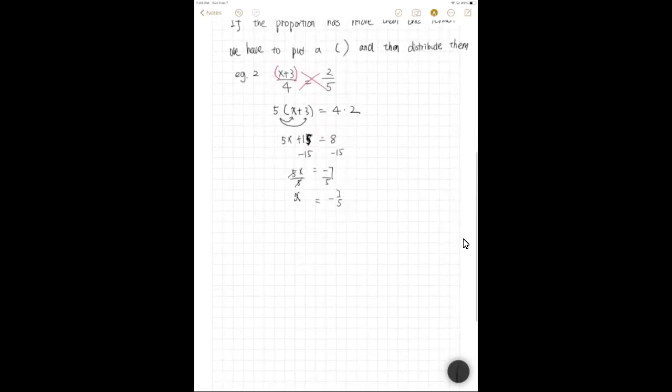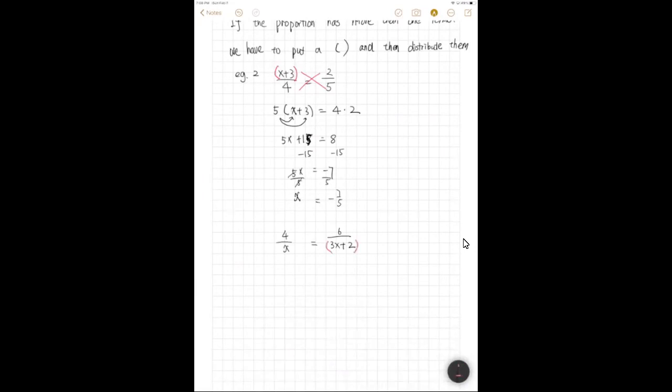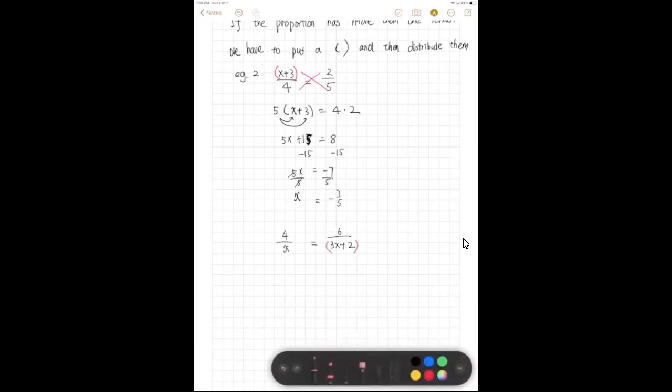Okay, this is similar if the more than one term is in the denominator, which is 4 over x equals 6 over 3x plus 2. Okay, we see some terms have more than one. We put parentheses for the denominator, and then we cross multiply.